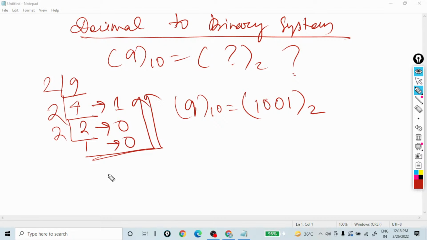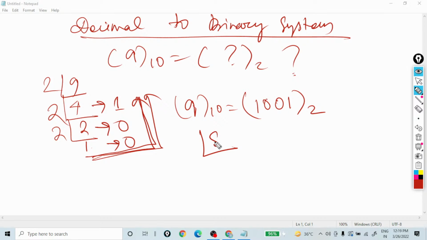Right? Similarly, this is decimal to binary conversion. 9 divided by 2, here the remainder is 1. Then 4 divided by 2, remainder 0. Then 2 divided by 2, remainder 0. So the number will be 1 0 0 1 from the downward direction. Right?